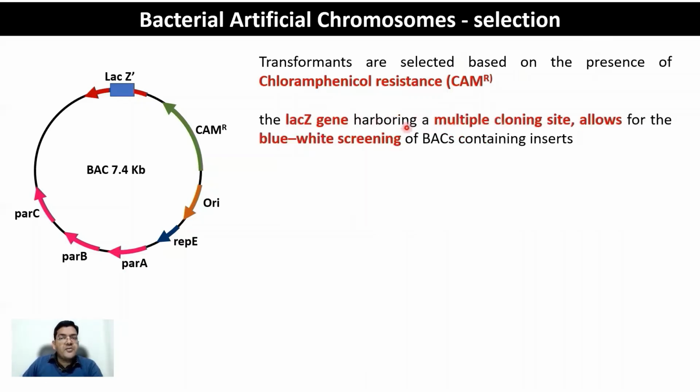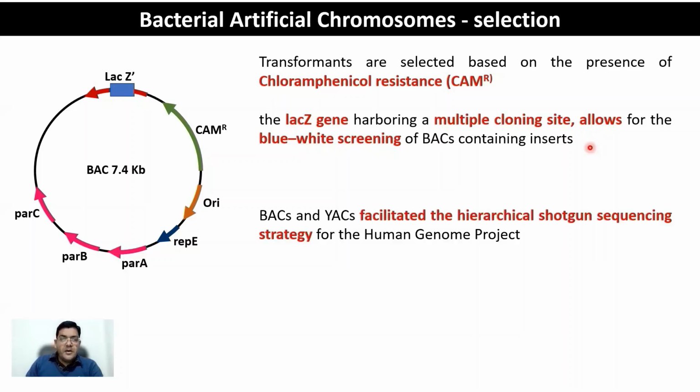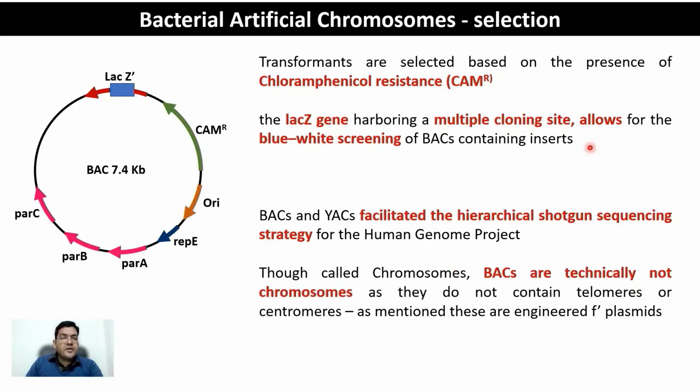The lacZ gene harboring the multiple cloning site allows for blue-white screening of BACs containing inserts. The recombinant BACs would be white in color, while the non-recombinant BACs would be blue in color. And I've already mentioned BACs and YACs facilitated the hierarchical shotgun sequencing strategy of the Human Genome Project. And again, though BACs are called chromosomes, they are not true chromosomes for lack of centromere and telomeres.